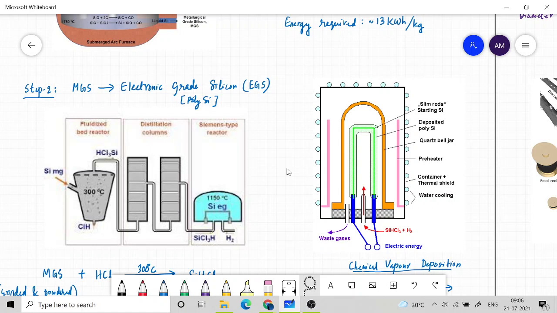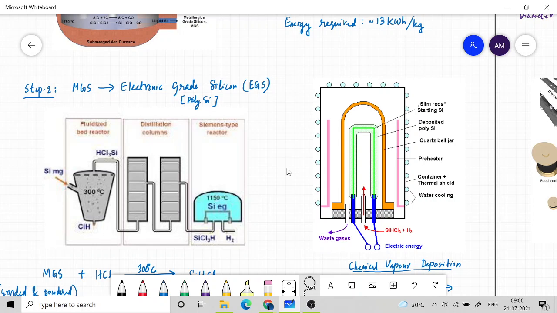Polycrystalline structure means smaller regions in that solid material are crystalline. There is a periodic arrangement, but it extends only to some region, and after say 200 or 300 nanometer you have a new region. So it's like blocks of crystalline structure joined together with some boundaries.